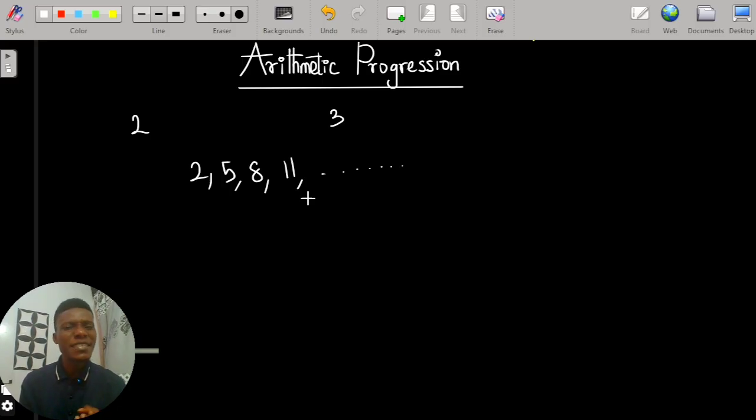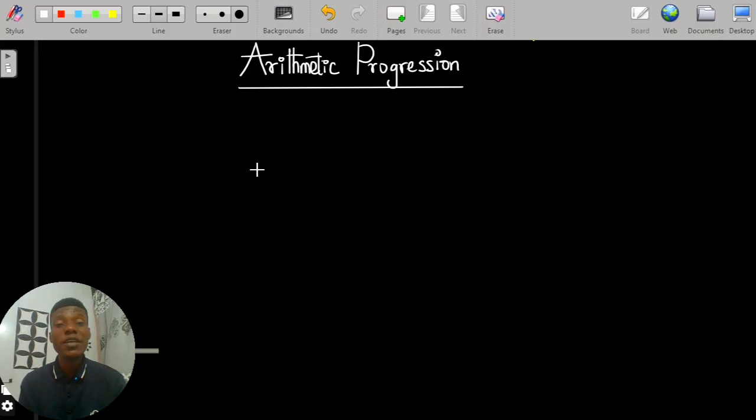So now, what is an arithmetic progression? An arithmetic progression is a kind of sequence that is formed by adding a constant to a term to get the term after it.